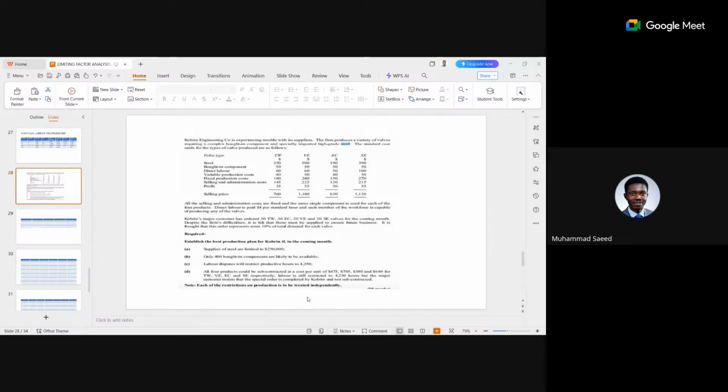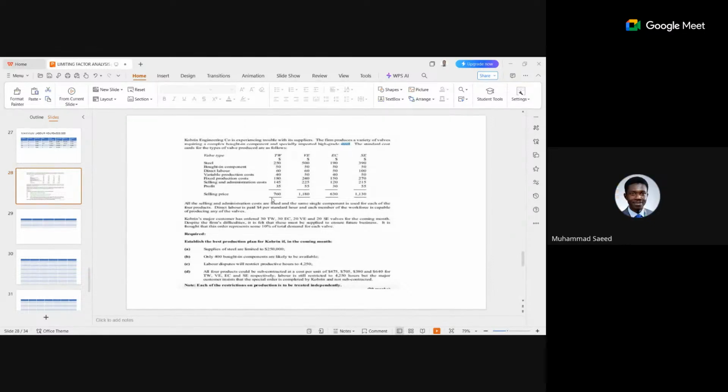Cobrin's major customer has ordered 30 TW, 30 EC, 20 VE, and 20 SE valves for the coming month. Despite the firm's difficulties, it is felt that these must be supplied to ensure future business. It is thought that this order represents some 10% of total demand for each valve required.